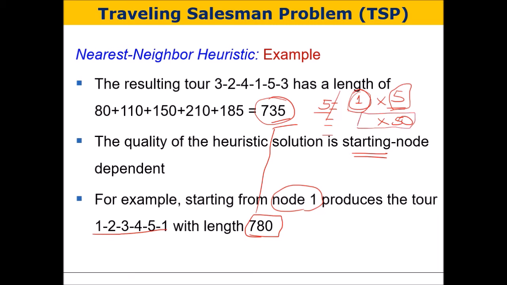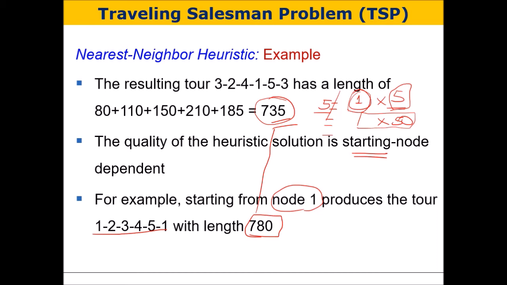Okay, the trade-off here is you try to improve your solution value, but you are losing from the solution time. If you really need a solution in very short amount of time, just start from a random city and solve it.